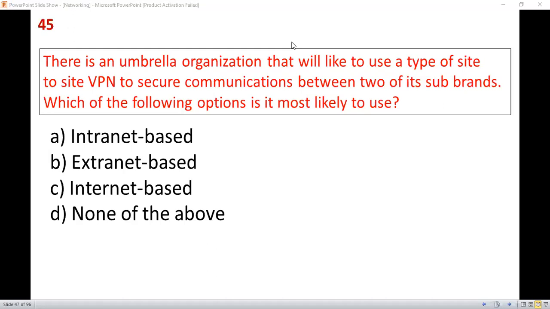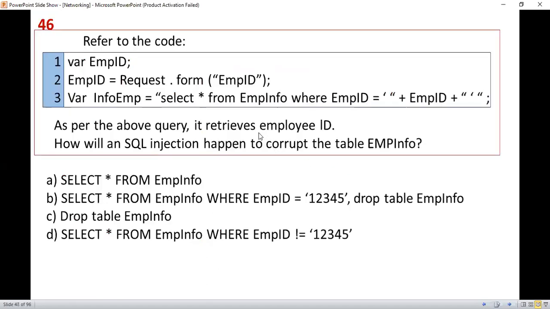The answer for this question will be intranet, because we are talking about a VPN to secure communication between two of its sub brands, and we will mostly use an intranet based setup for this type of communication. You're absolutely right. Now we can move to the next question.